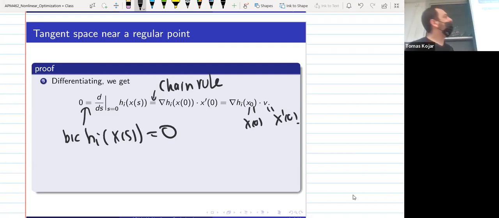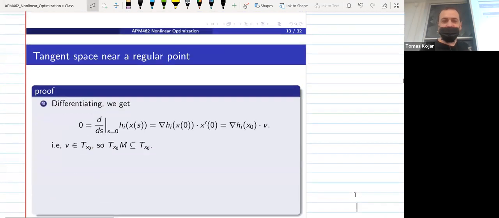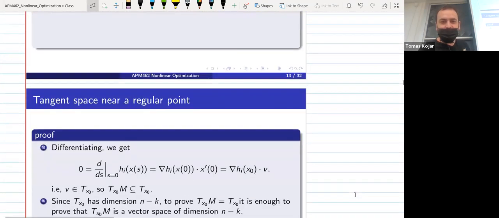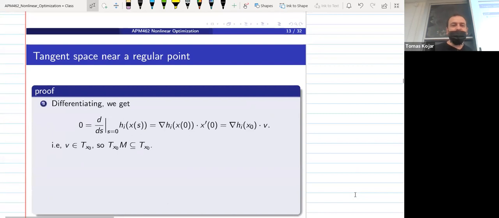Can someone tell me why I am done right away? Why, when I think of tangent vectors, can I just look at the gradients? That was the statement, right?